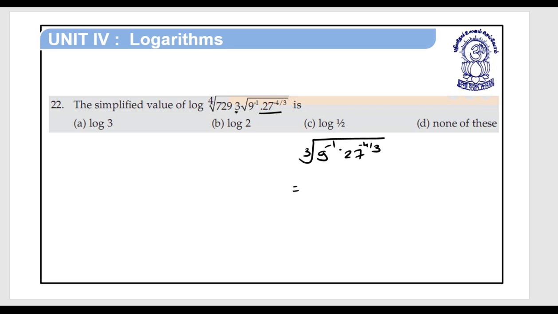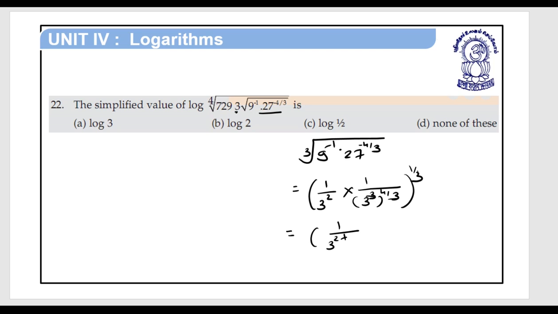So 9 means 3 square, so 1 upon 3 square. 3 3s are 9, 3 3s are 27, so 3 cube. 27 raised to minus 4 by 3, raised to 1 by 3. The 3s cancel, so 1 upon 3 square into 3 raised to minus 4.